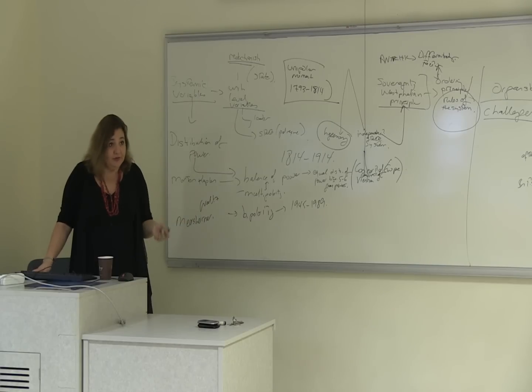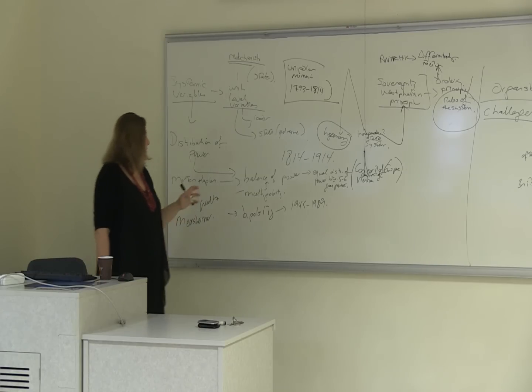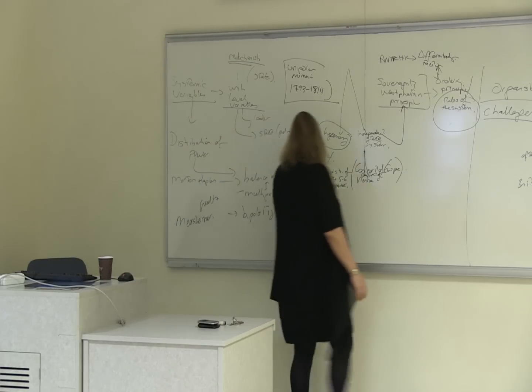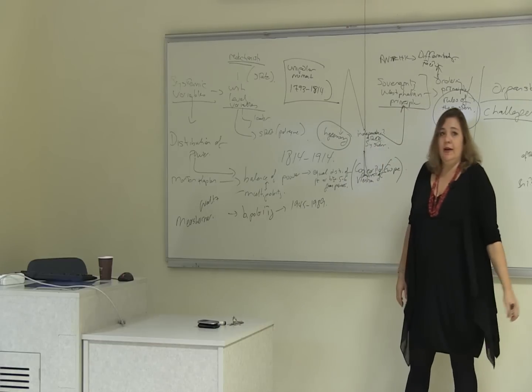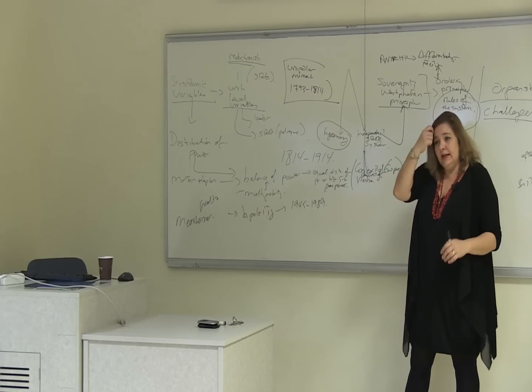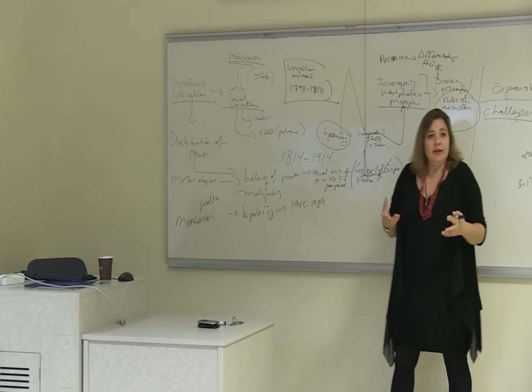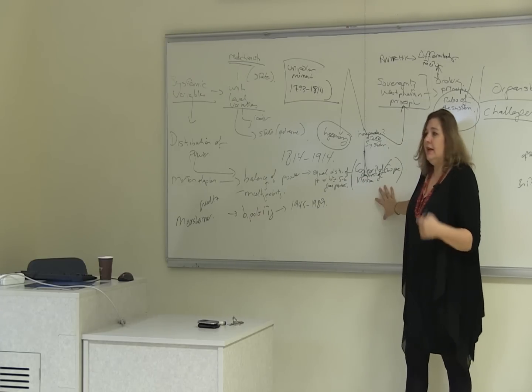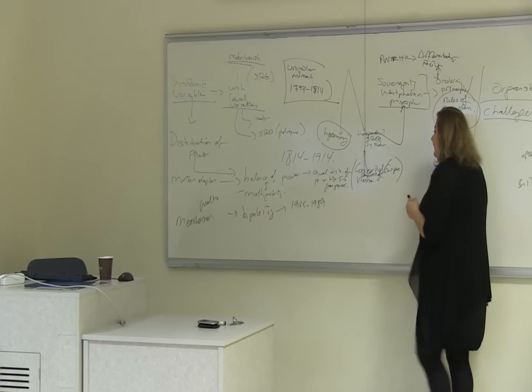I mentioned this on Thursday. Kaplan will tell you equal distribution of power between 5 to 6 great players is the most stable system, because these countries would form alliances among themselves.